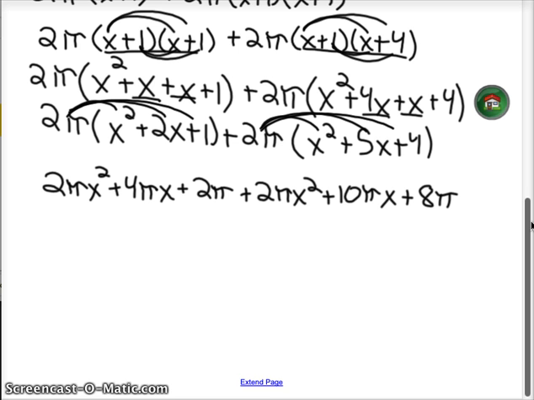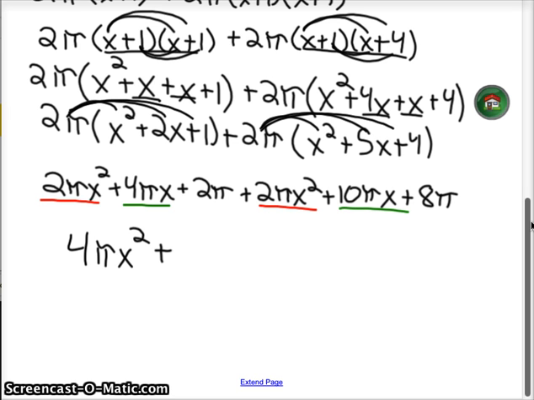So now after distributing that through, looks like I have a big jumbled mess. But I can combine my like terms again. So here are my x squared terms. I'm going to combine those. 2 pi x squared plus 2 pi x squared. Well, 2 plus 2, I have 4 of those pi x squareds now. Turns to my just x terms. I have 4 pi x, 10 pi x. Well, 4 plus 10 gives me 14 of those pi x's.